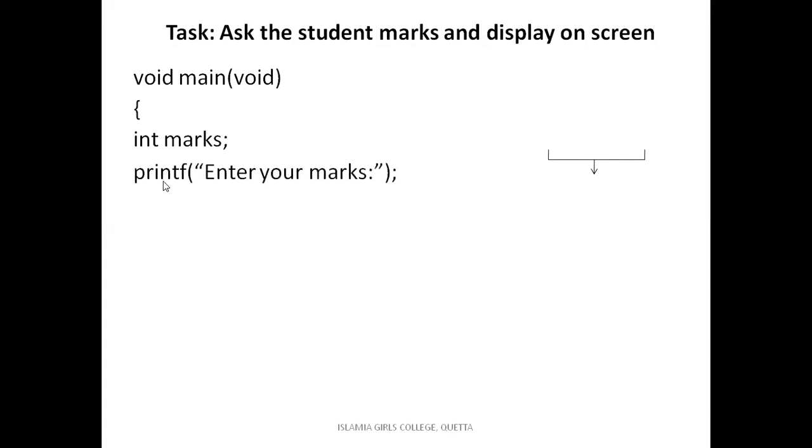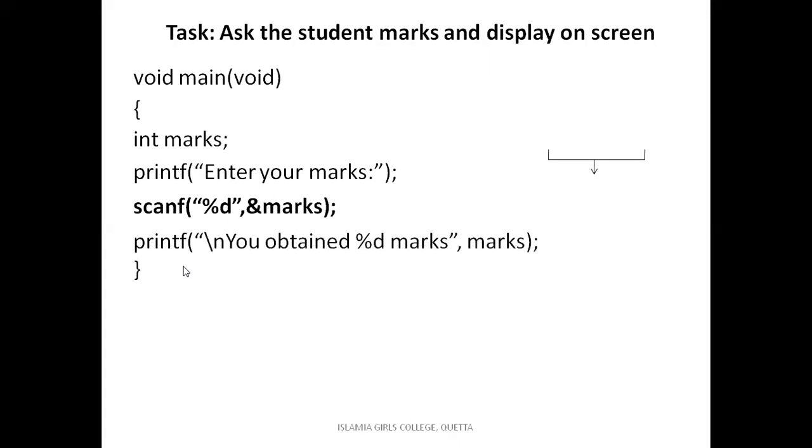Then we will write down the printf statement, enter your marks. And whatever marks the user entered, we are going to take as input through the input function scanf. And we are using the format specifier %d here, and we will write down &marks. This is the part of syntax. Then we will write down the printf statement that you obtained %d marks, and whatever the marks which are stored in this variable will be printed over the screen.